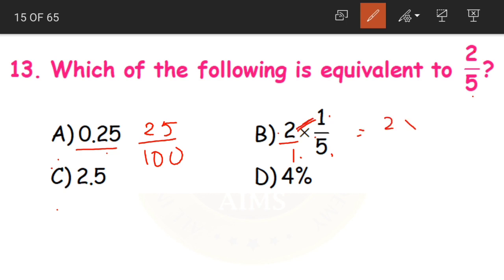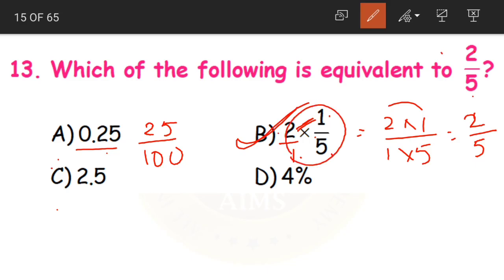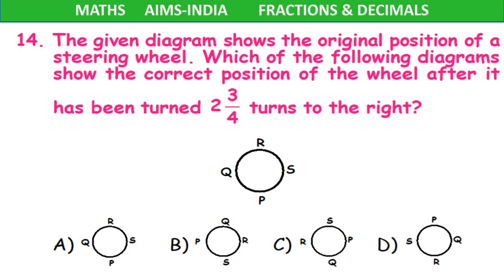So multiplying the numerators and then multiplying the denominators. 2 1s are 2 divided by 1 5s are 5. Yes, option B becomes our correct answer. 2 into 1 by 5 is nothing but our 2 by 5. Clear, right? Next question. The given diagram shows the original position of a steering wheel.